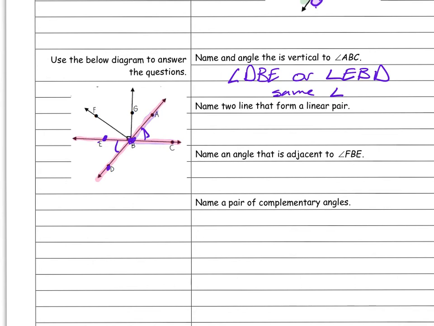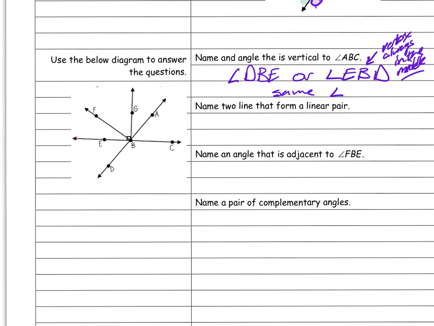And the vertex is always in the middle. Okay? All right, so that was good. Let's erase this a little bit so we have some clear places to go here. I just want to clear up the picture for us.